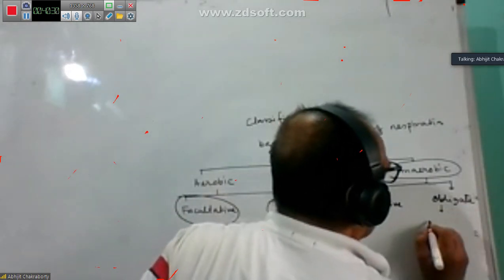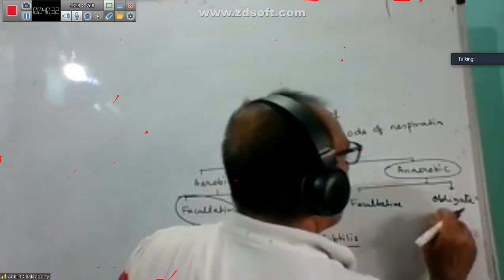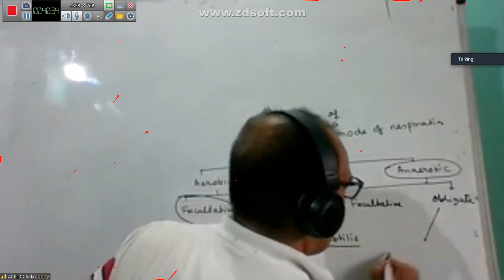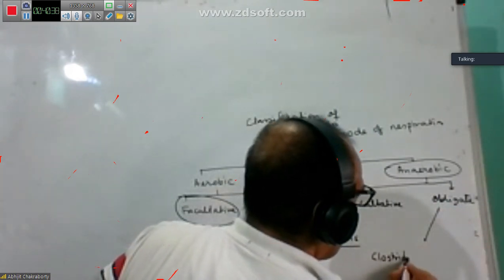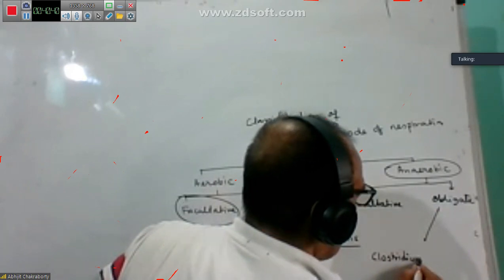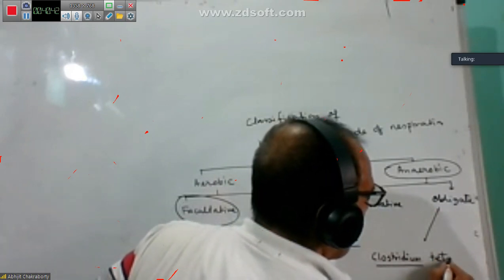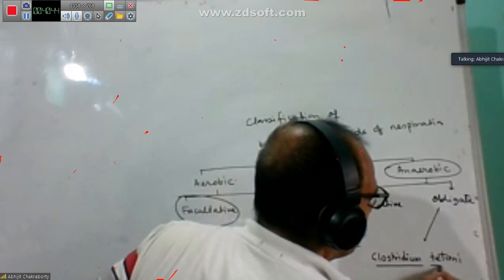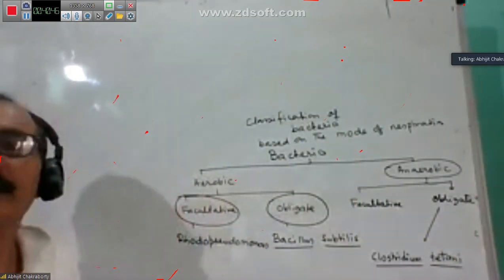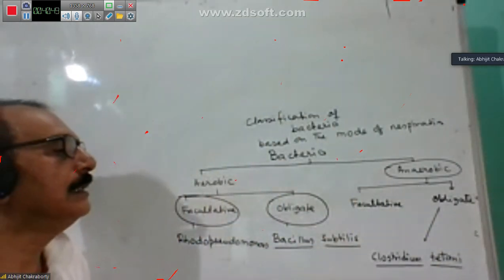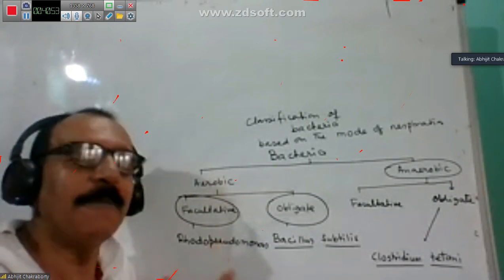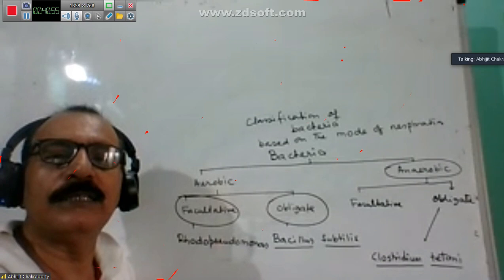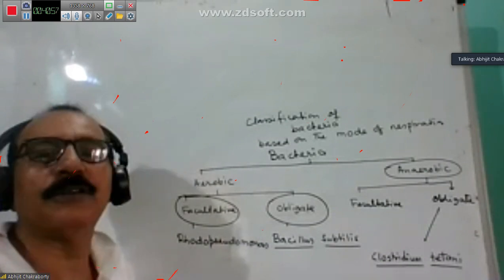Example, Clostridium tetani. Clostridium tetani is actually the obligate anaerobic organism. That means if oxygen is not available, then Clostridium tetani cannot survive.